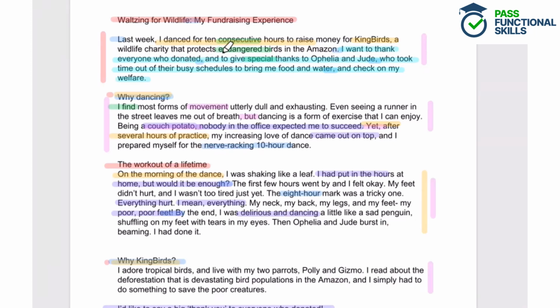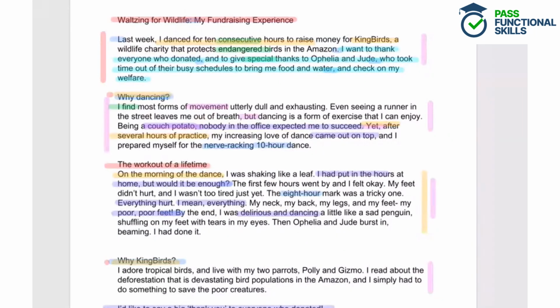So they've started by thanking everyone, and they're giving special thanks to Ophelia and Jude, and then explaining what these people did. So make sure that you're using a few longer, more complicated sentences within your own answers, because this will show the examiner that you can make connections between multiple ideas and pieces of information. It will also make it more interesting and detailed for the reader.